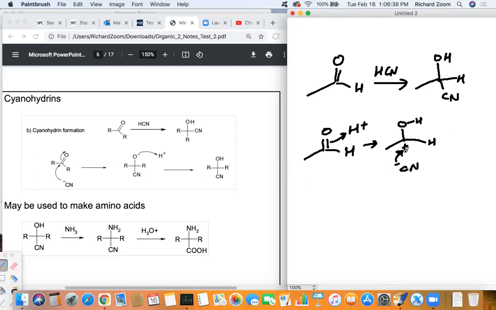But again, look at the direction of the arrows. The CN minus is the one where the arrow is coming from because it's got the electrons on it. I'm actually fine either way, whichever one you want to do.